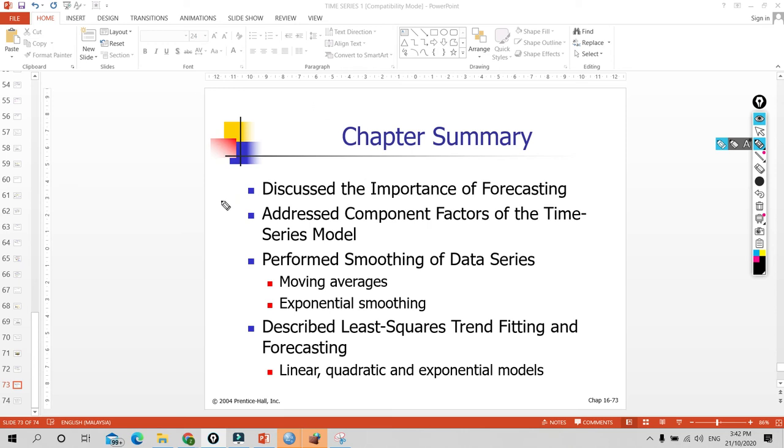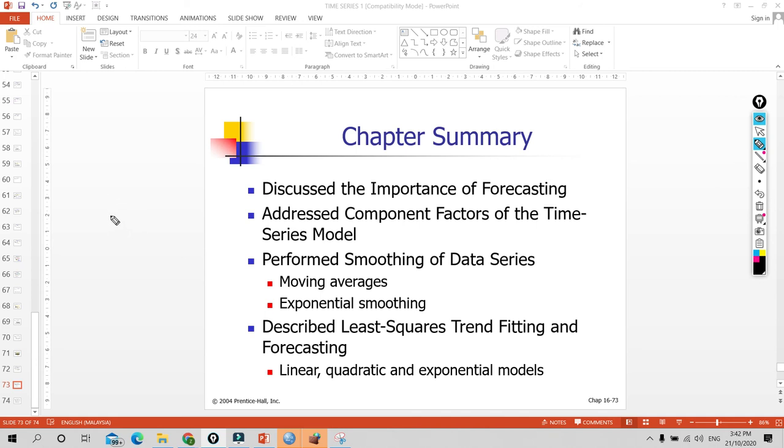First, we have discussed the importance of forecasting. Then we also have discussed the components of forecasting. They have four components: Y is equal to T, S, C, and I. We focus more on the trend.